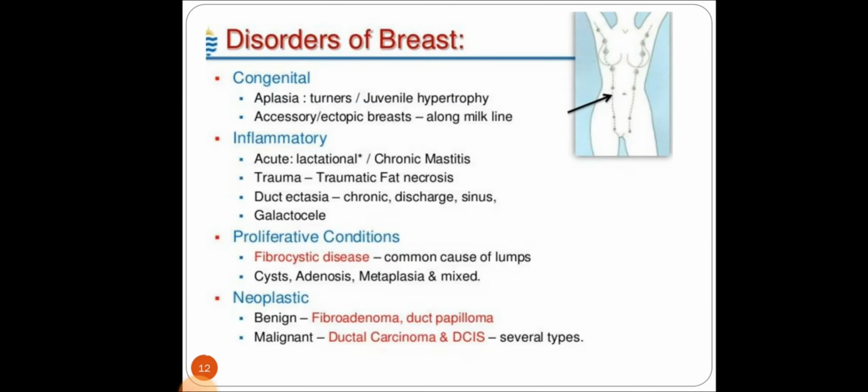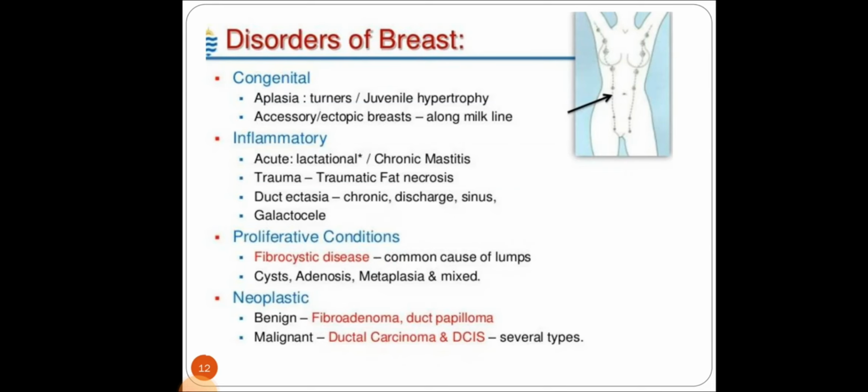Similarly, polythelia is also called multiple nipples. Along the milk line, multiple nipples will be present. And in these conditions, we will go for excision. That is, the accessory breast or the accessory nipple will be excised. That is the treatment.